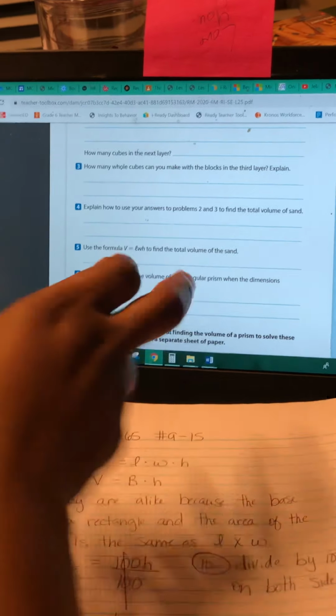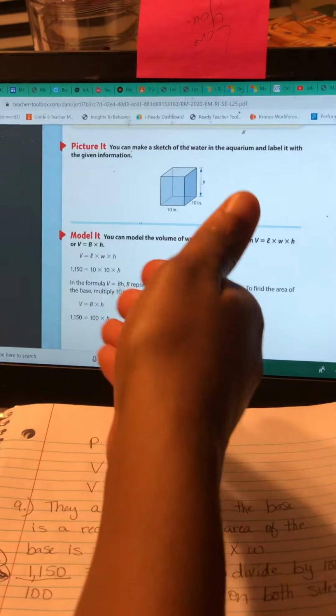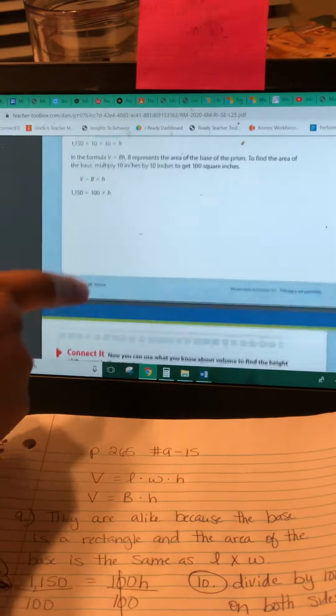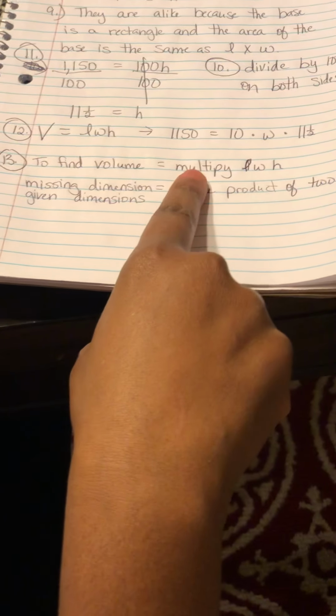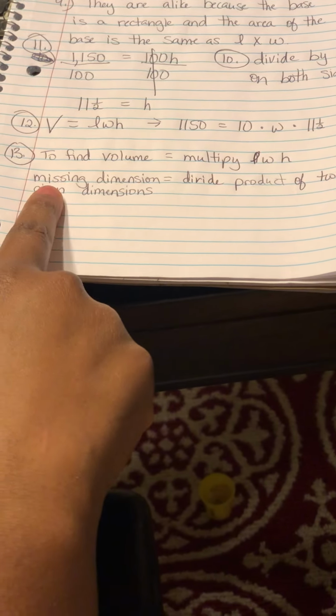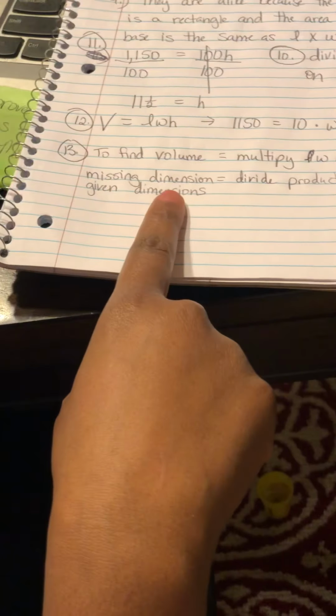And then for this example, we were trying to find out how much water would fit into the aquarium. And remember that volume is the amount of space that an object occupies. So what we did here, if you look down at my notes, to find the volume, we multiplied the length times width times height. To find the missing dimension, we divided the product by the two given dimensions.